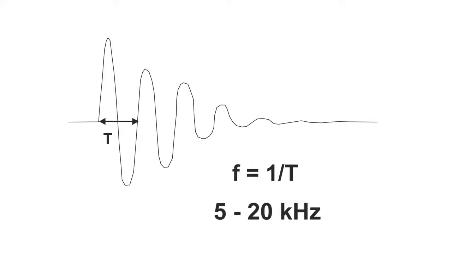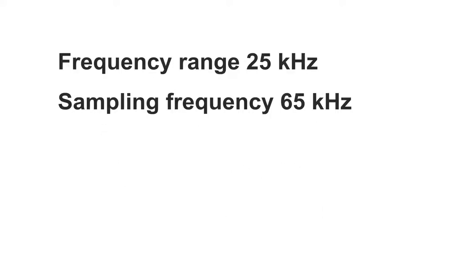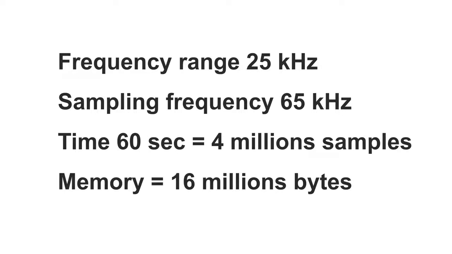If we want to see all details of this shock, then we must use the high frequency range up to 25 kHz. It means the sampling frequency will be 65 kHz. If we need to get a time signal 1 minute long, then we get 4 million samples.